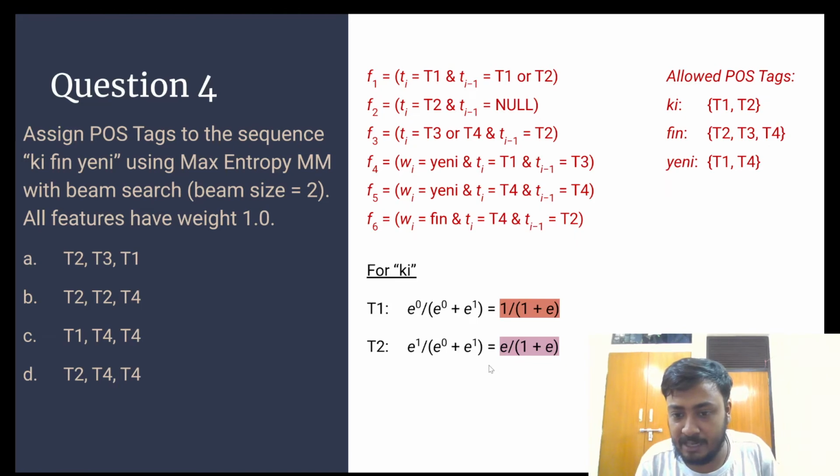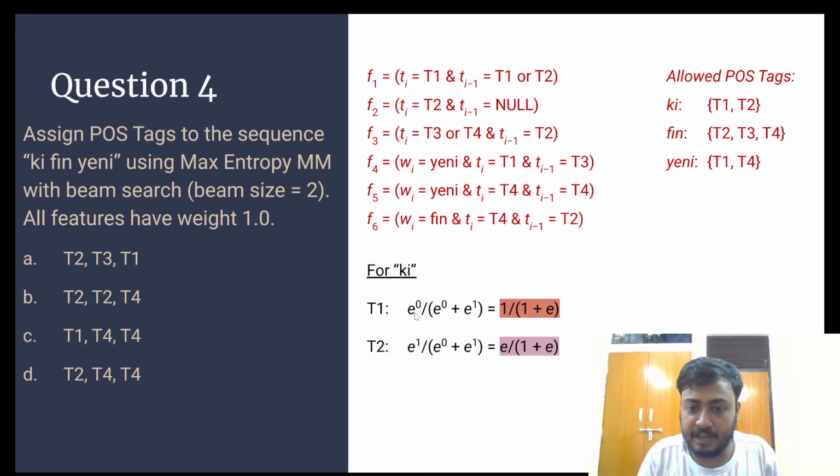Now these are multiple branches of calculations and they have to be maintained simultaneously. Why? Because beam size is 2. If beam size was 1, at every step we would have taken the maximum and continued ahead with it. But because beam size is 2, the calculations will branch out, right? There will be possible branches and you need to keep track of that. That is all this is about.